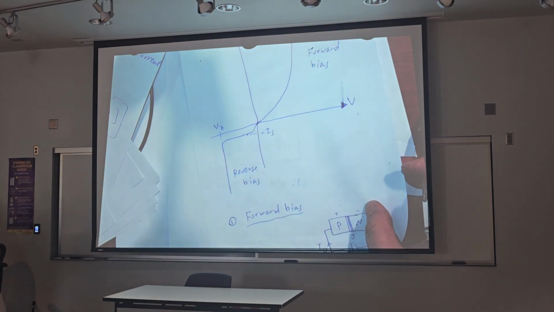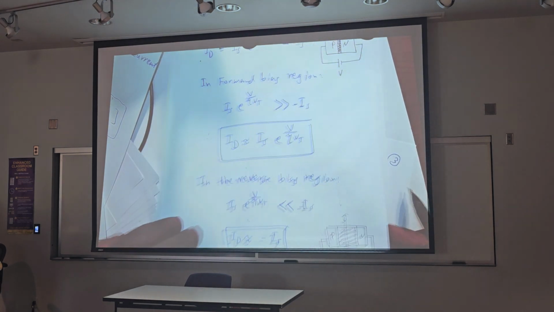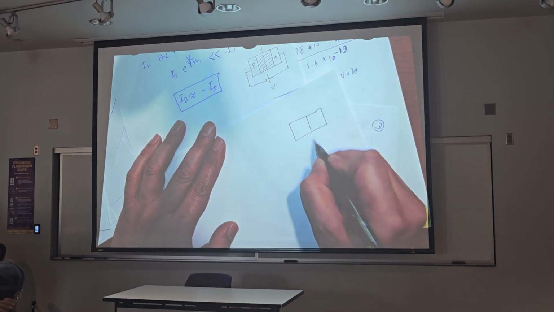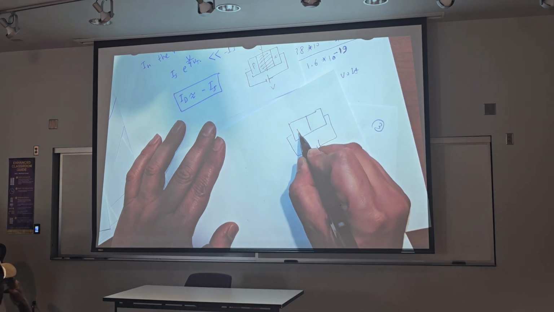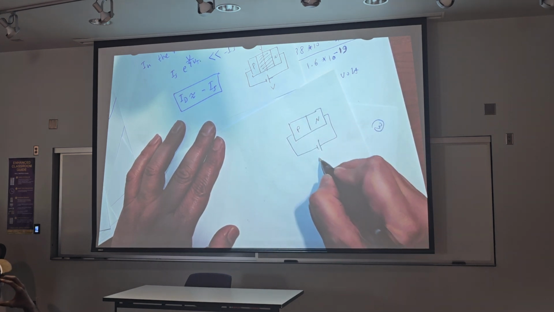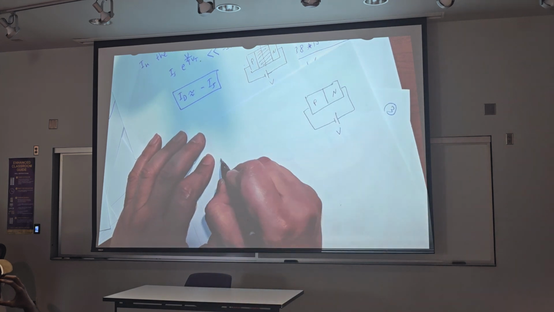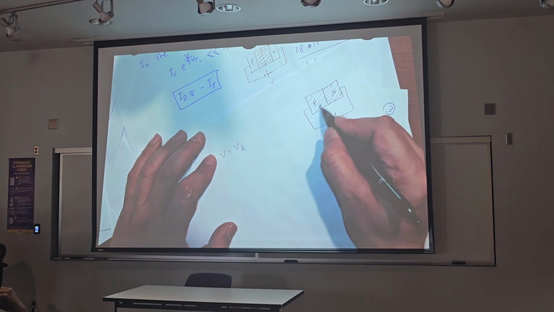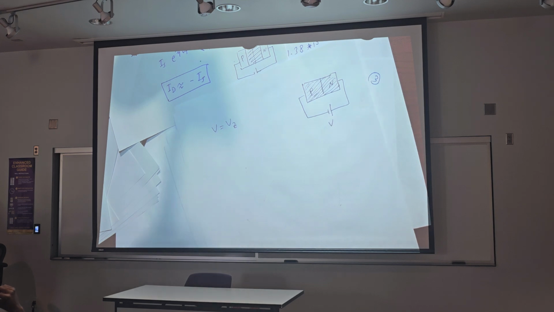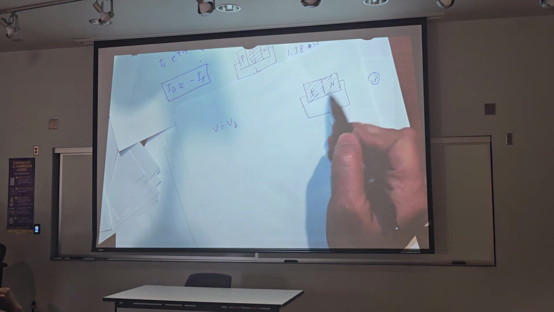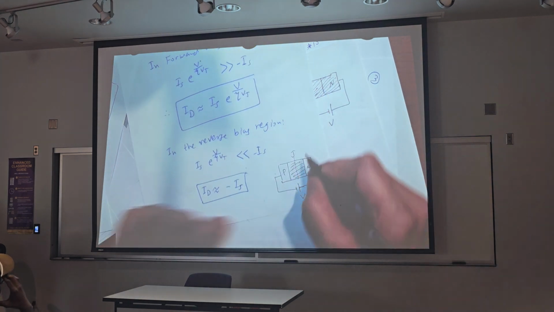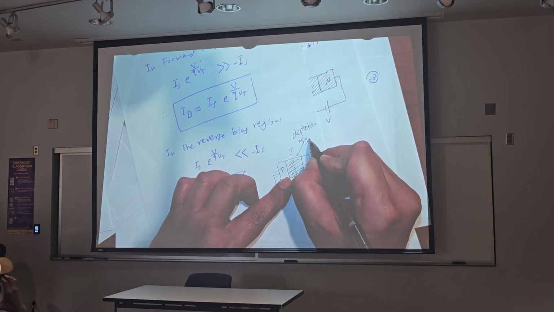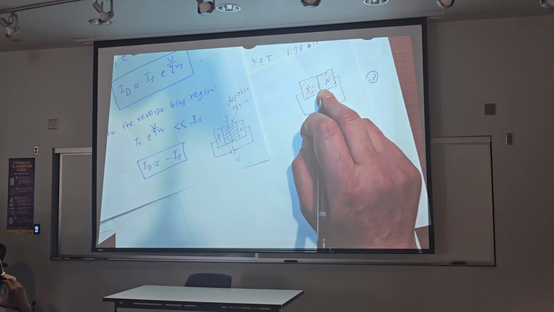At Zener voltage, when we increase the voltage applied in reverse bias, positive, negative, if we increase V to VZ, all the diode will become depletion region. All the diode will be depletion region.